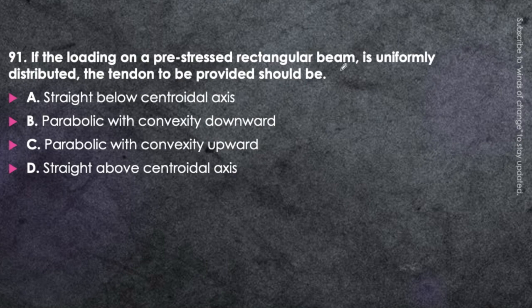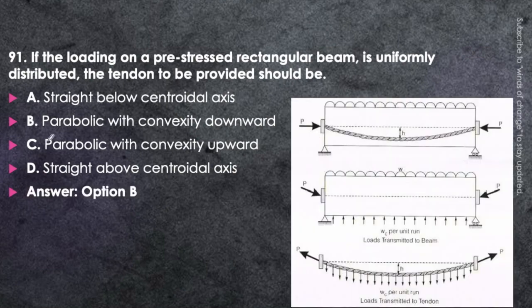The load is uniformly distributed, then the profile of the tendon has to be parabolic with convexity downward. It looks like this. The convexity will be downward, so the tendon will be provided like this in case of the uniform loading above it. Eccentricity will be maximum at the midspan.